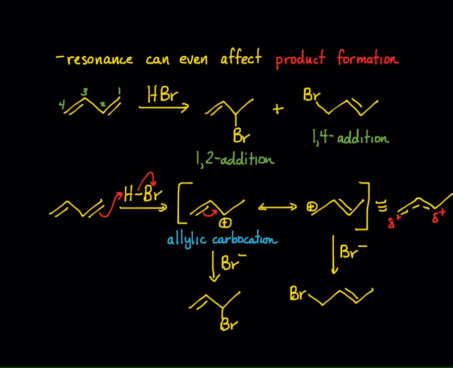And I've been stressing to you for weeks now that primary carbocations don't form. But remember, this is not a primary carbocation. It is an allylic carbocation. And because of that, we have a general delocalization of positive charge, which does place a slight positive charge on that particular carbon.